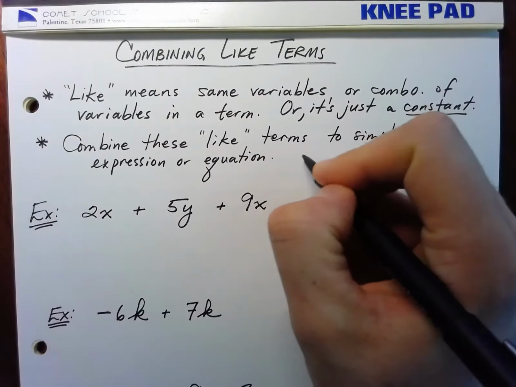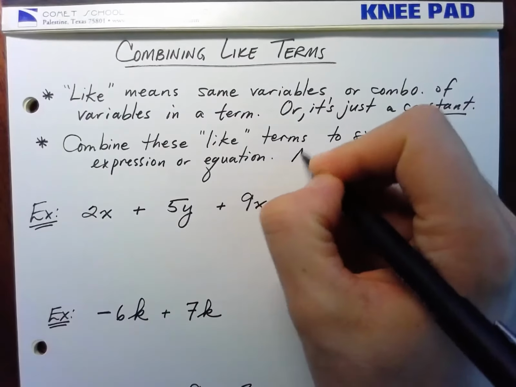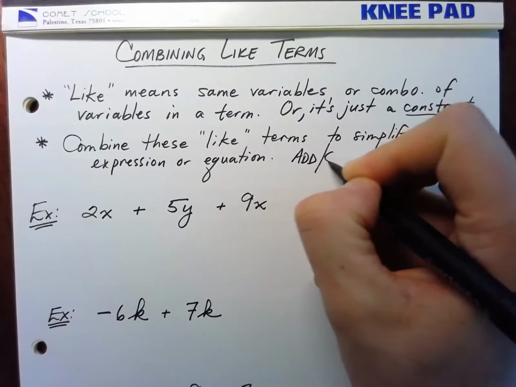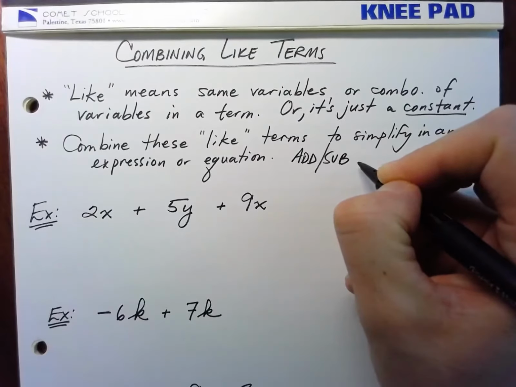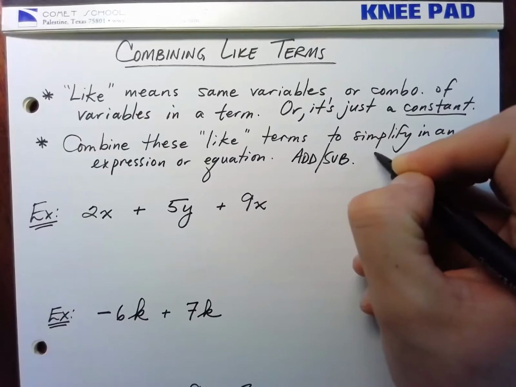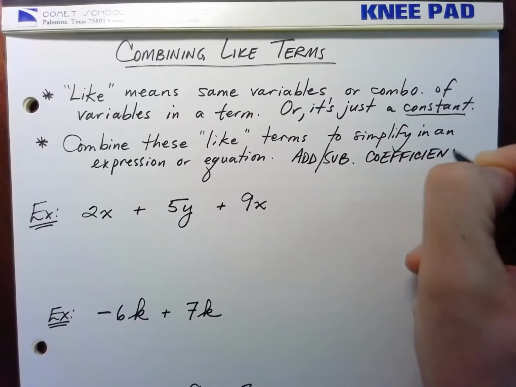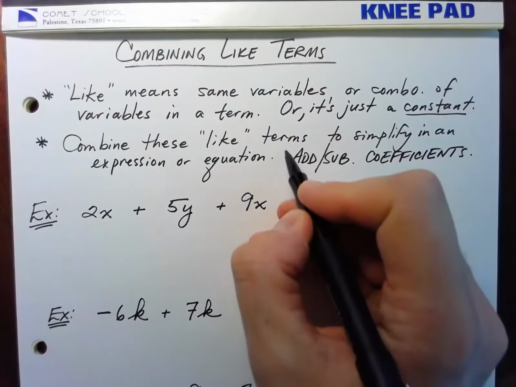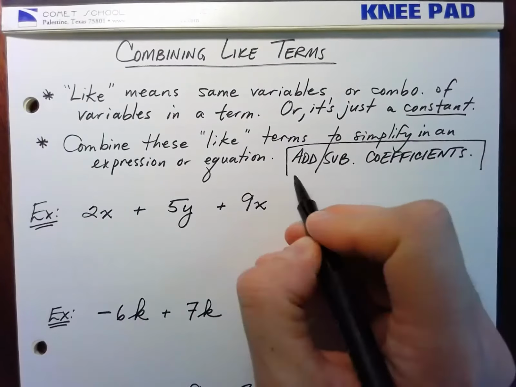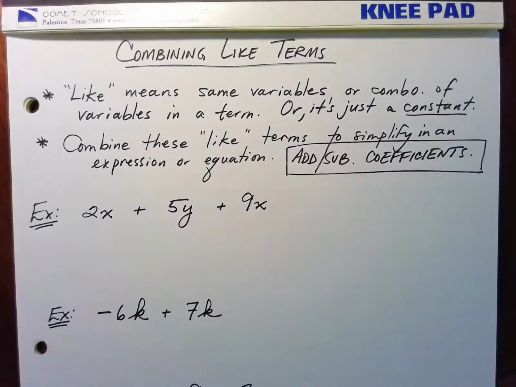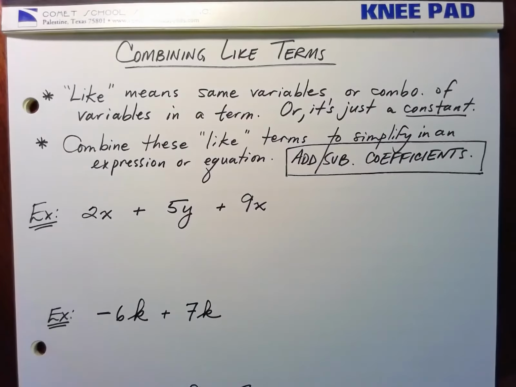And I should add here that you just add or subtract coefficients. That's really what we're doing here. We're just adding or subtracting coefficients, okay? And the variables get brought along for the ride. So let's look at a couple of examples.